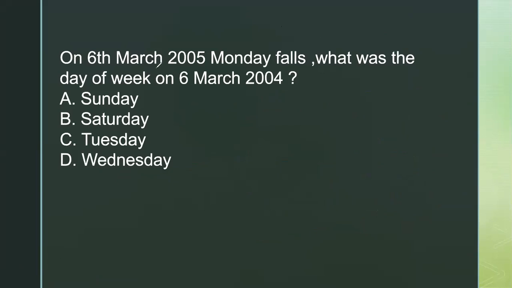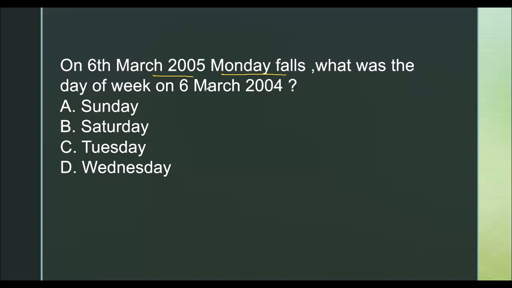See, on 6th March 2005, Monday falls. What was the day of the week on 6th March 2004? Sunday, Saturday, Tuesday or Wednesday? So first of all, from 6th March 2005 to 6th March 2004, that means we go backward.